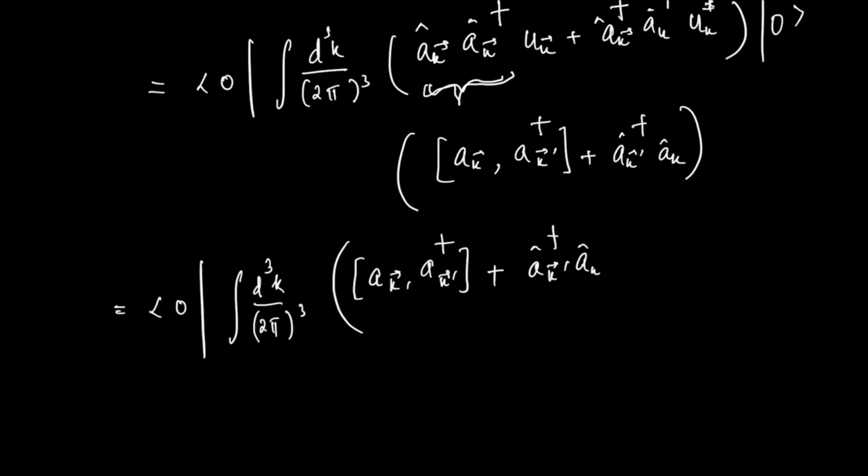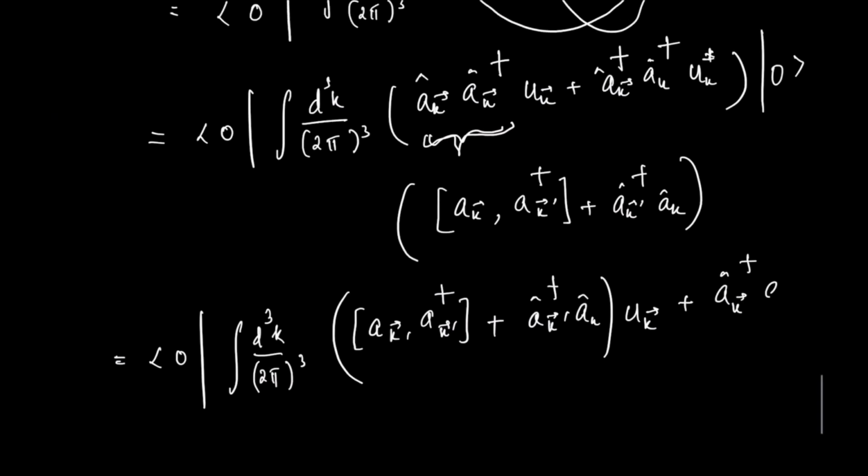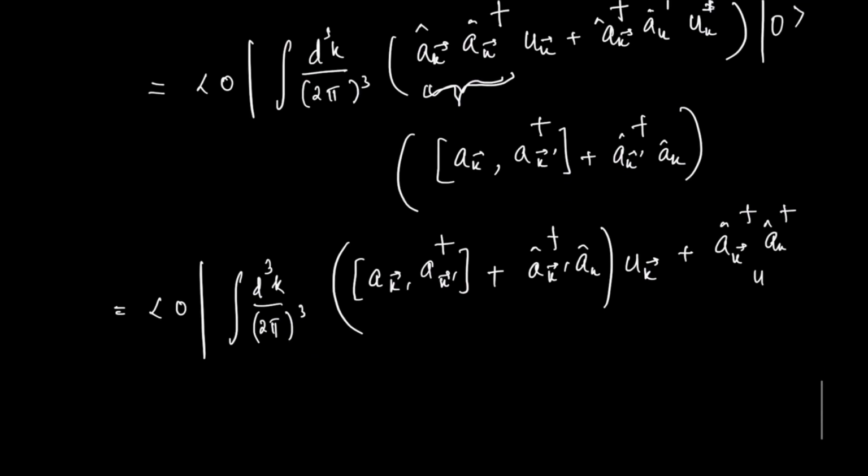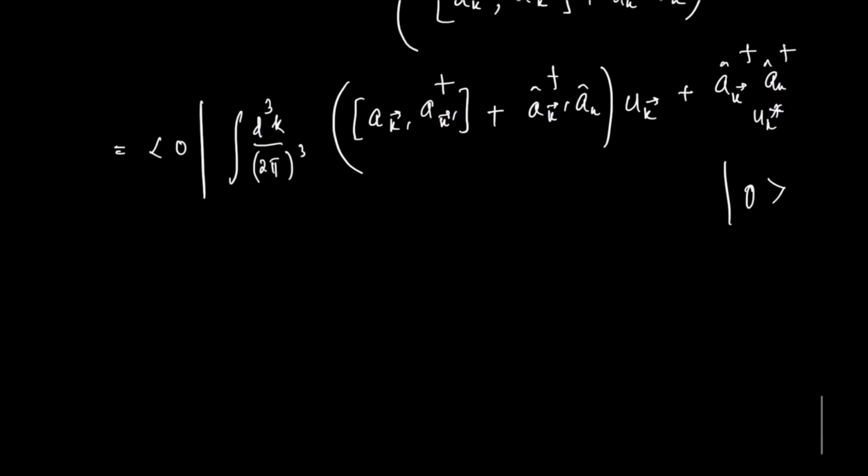Now this multiplied by uk plus ak dagger uk star, right? Now this acting on 0.